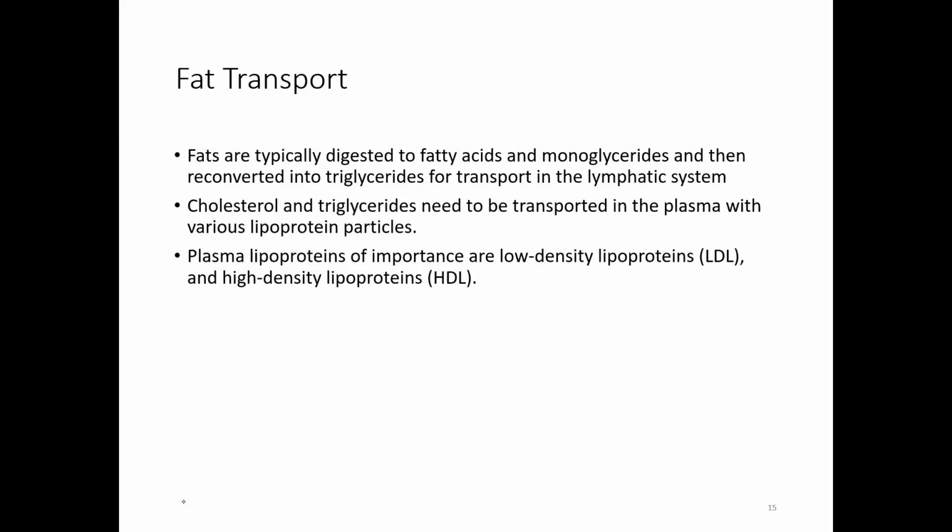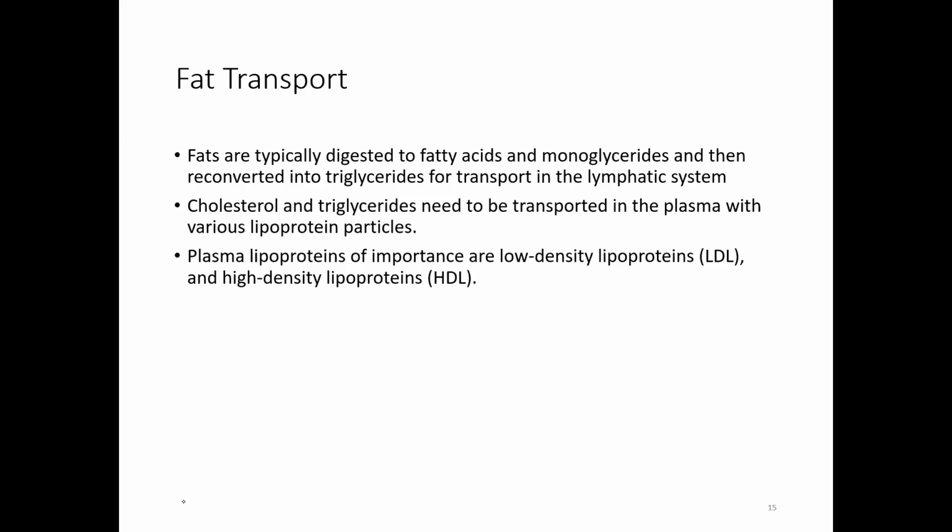This is absorbed in the small intestine, and it passes through the simple columnar cells into the lymphatic vessels that are behind the simple columnar cells. The lymphatic system is a parallel circulatory system.